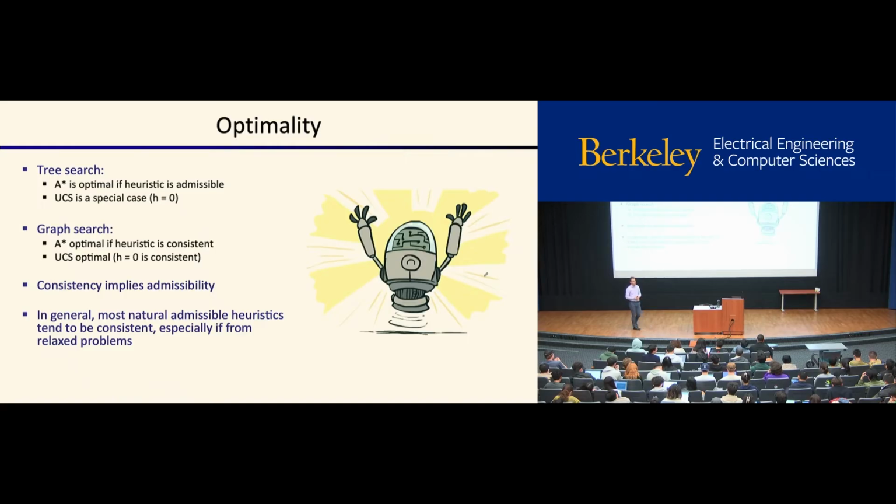So admissibility is just saying I estimate the cost from any node to the goal by underestimating. And then consistency says I estimate the cost from any node to any other node, and that's an underestimate. So some of those nodes are goals, so in order to be consistent, you have to be admissible. Okay. More questions before we move on?